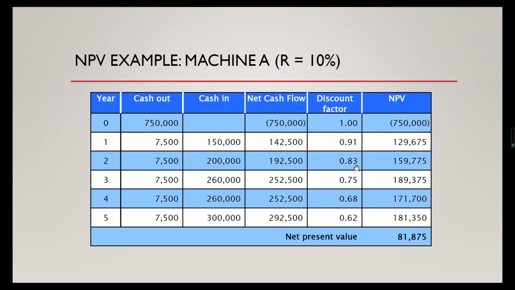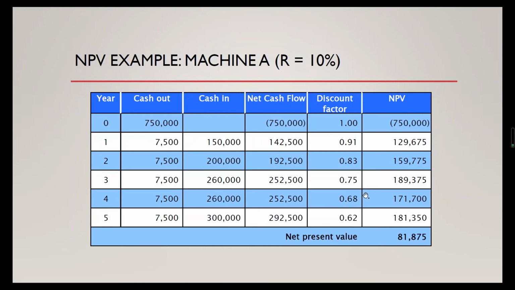Once again, divide by 1.1 because of the 10% discount rate. This gives us 0.75 for discounting factor for the year 3. And again, if we divide by 1.1 again, we will get 0.68 for the discounting factor for the year 4.